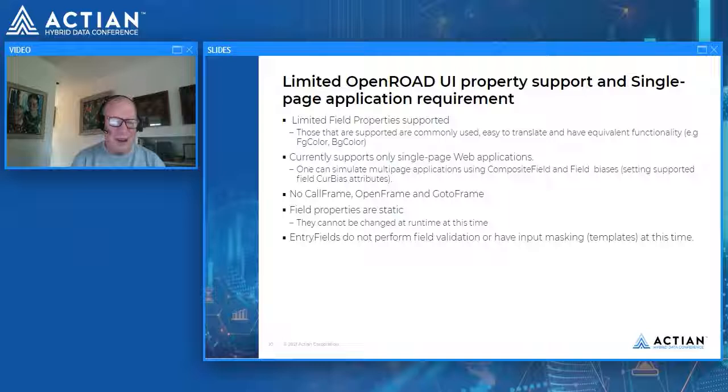So right now, as of this date, to do an application that simulates multi-pages, you have to do it by making composite fields visible and making other ones invisible, and use that type of process rather than doing calls. So it'll appear to be like several pages, but it's actually sort of smoke and mirrors, where it's all being done by making things visible and making other things invisible.